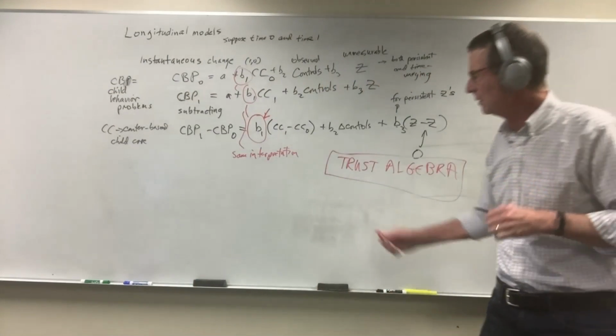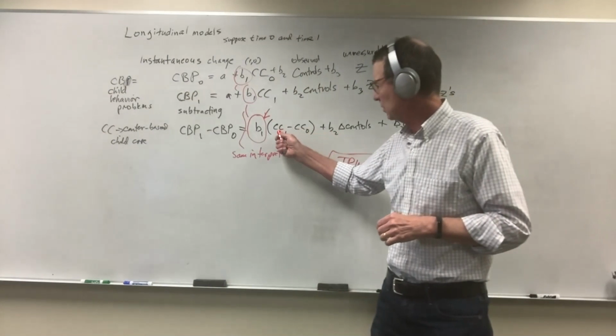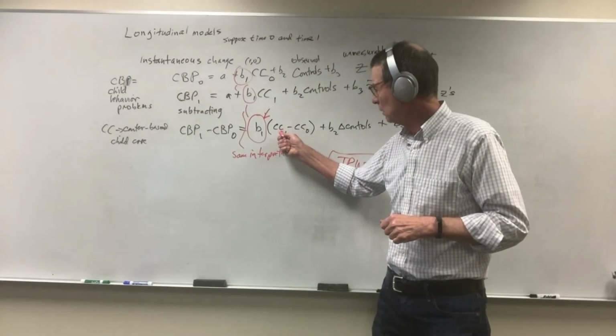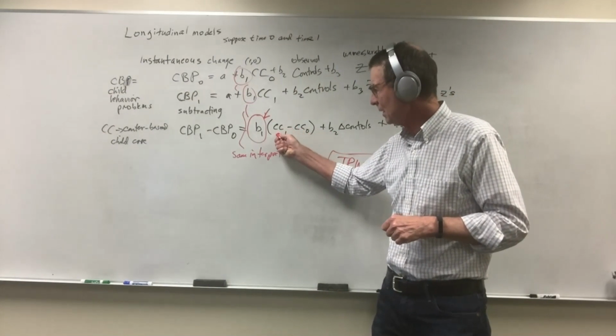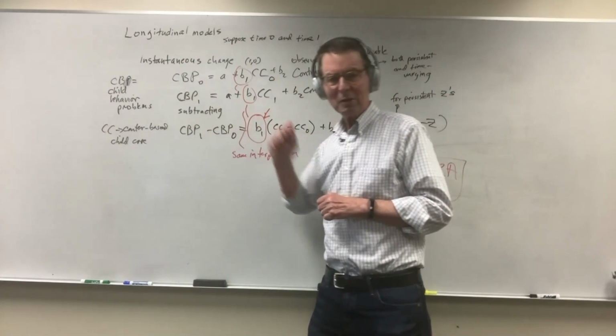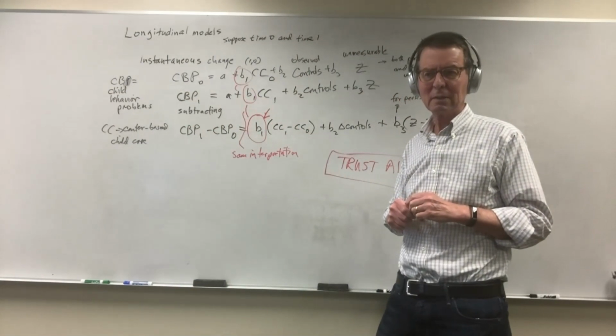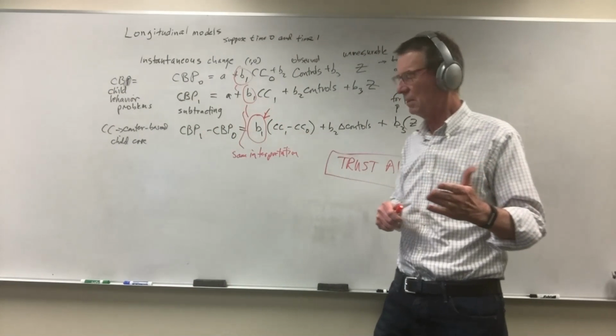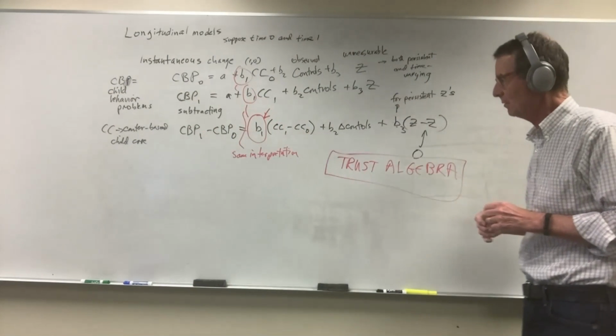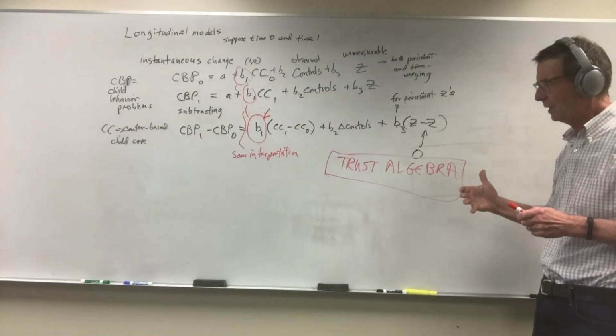For the same child, is a child going from not being in childcare to being in childcare, increasing their behavior problems, right? And with this example, it's really this interaction for temperamentally sensitive kids.